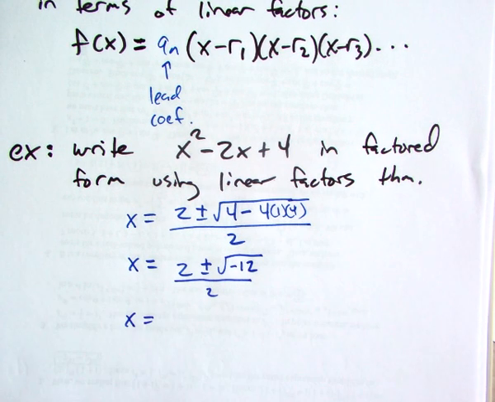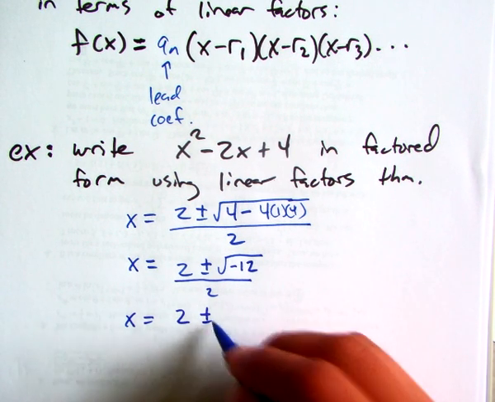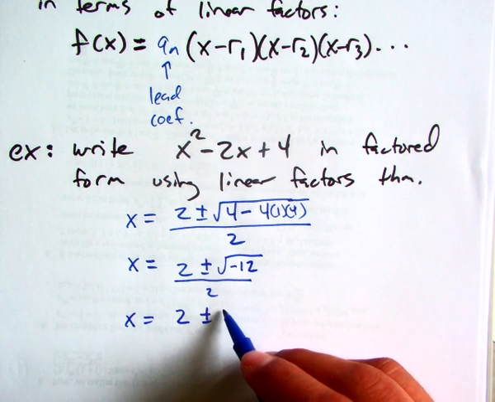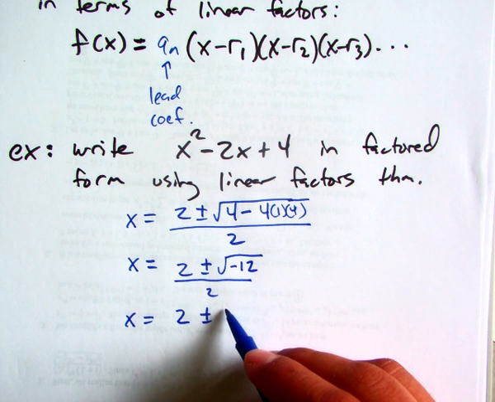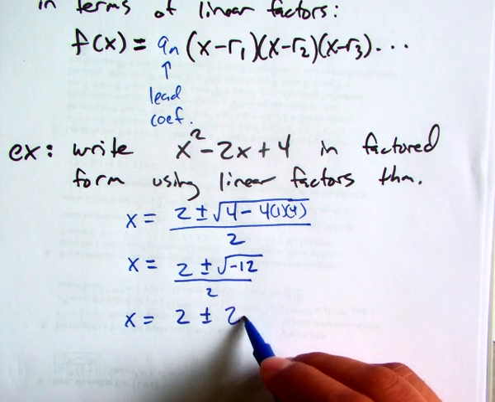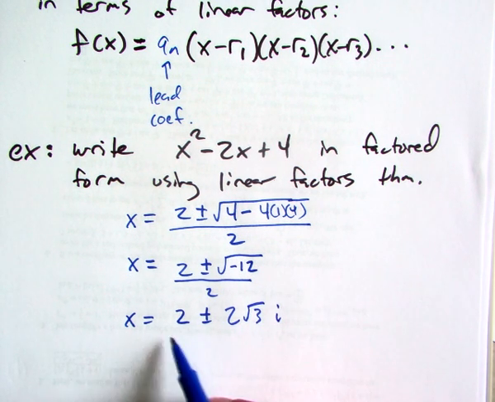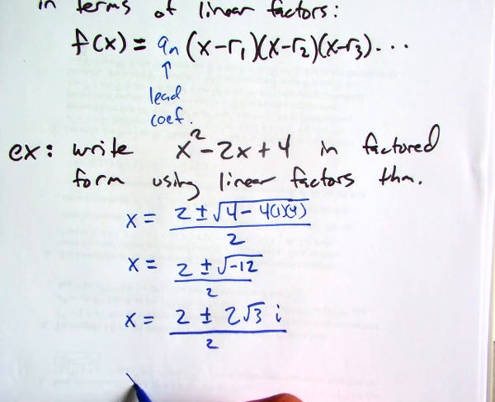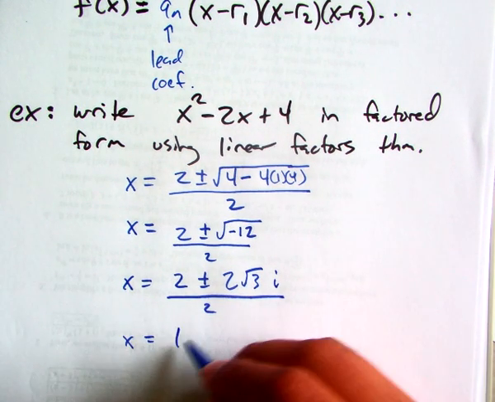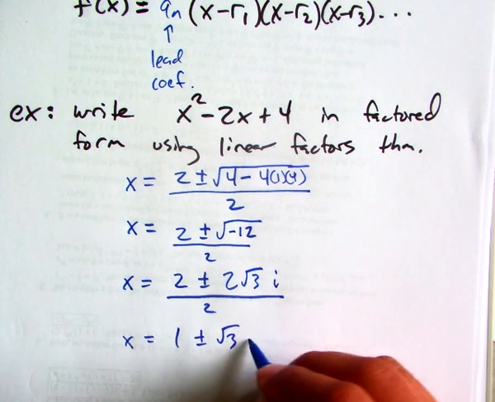And so that's 2 plus or minus the square root of 12, which reduces to 2 root 3 i, over 2. Everything's divided by 2, so 1 plus or minus root 3i are the two roots.